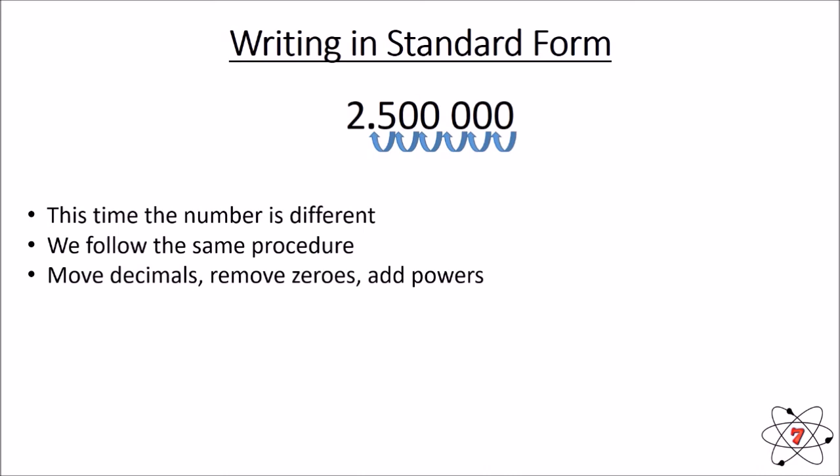We now remove the zeros, and there are 5 zeros that are removed. So we have a power of 6, and we are left with 2.5. So we put in our power, times 10 to the power of 6. So 2.5 million is written as 2.5 times 10 to the power of 6.